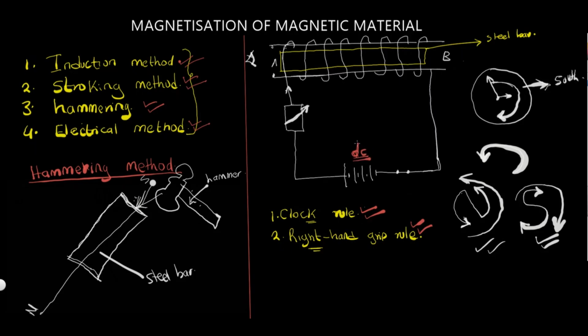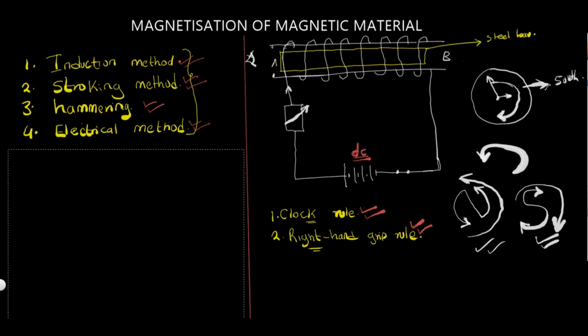Now let us look at how you're supposed to know the polarity of this iron bar using the right hand grip rule. So you can remove this.